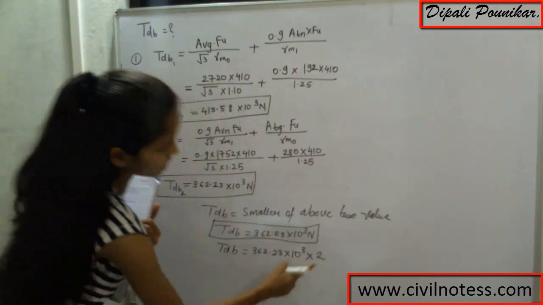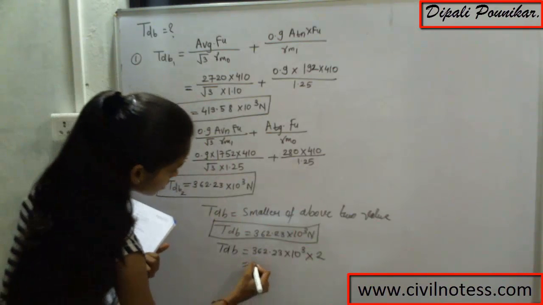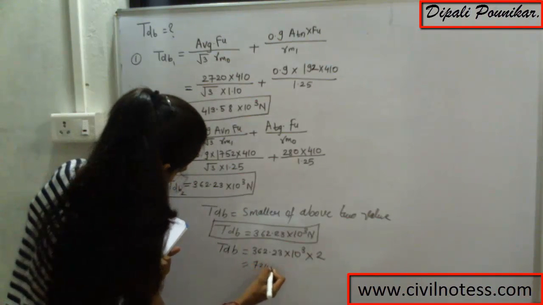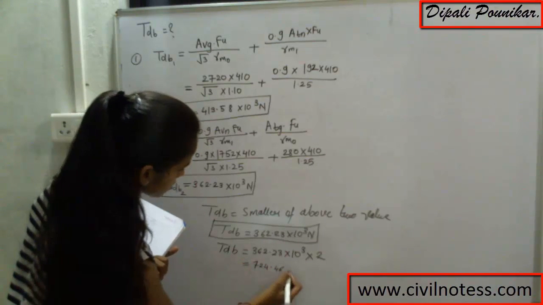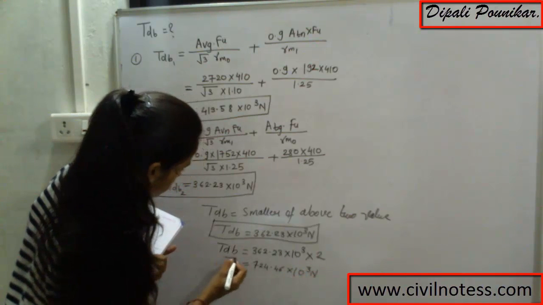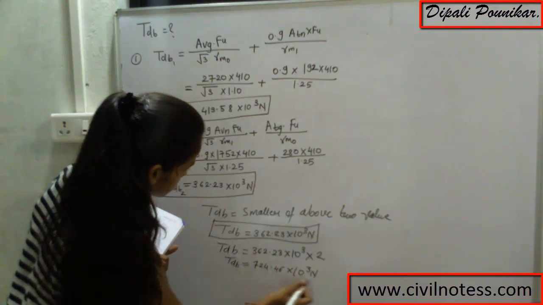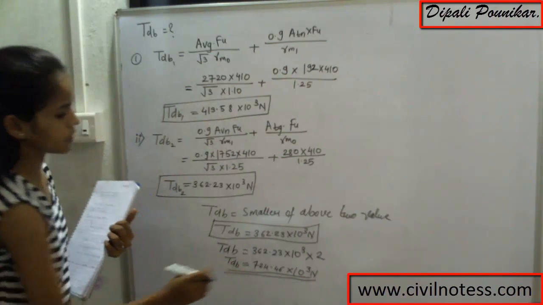We have to multiply it by 2. After that, we get 724.46 into 10 to the power 3 Newton. So this is the value of TDB.